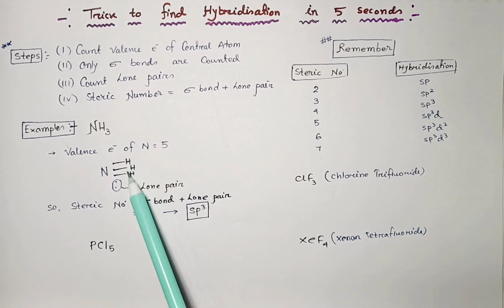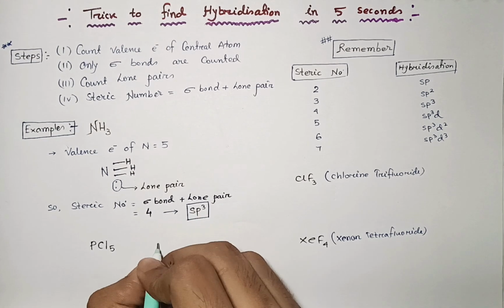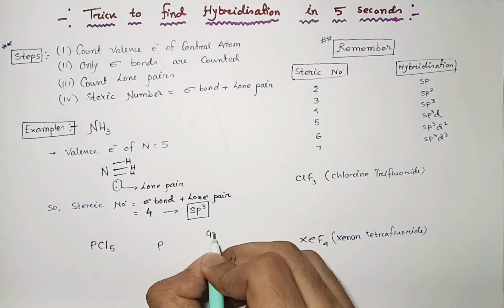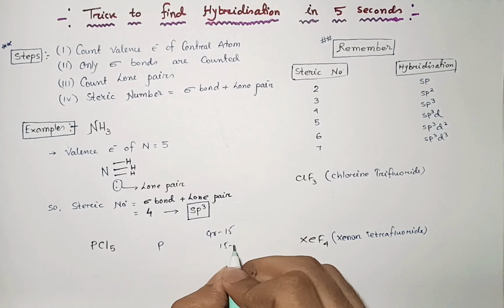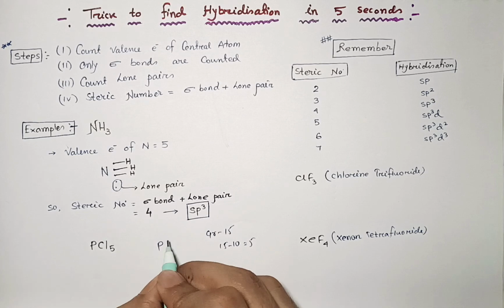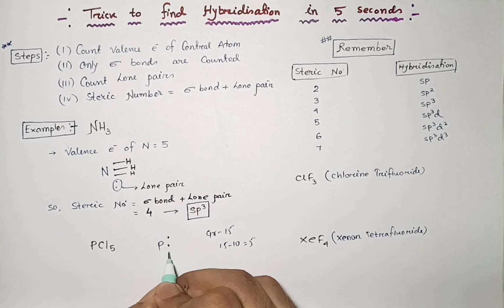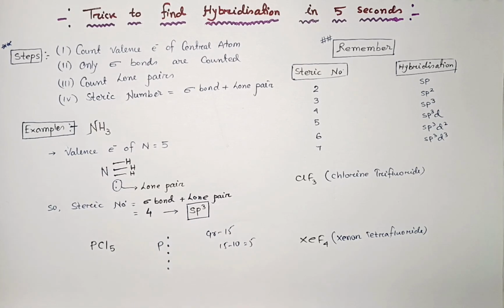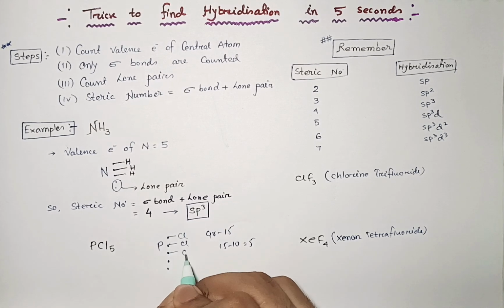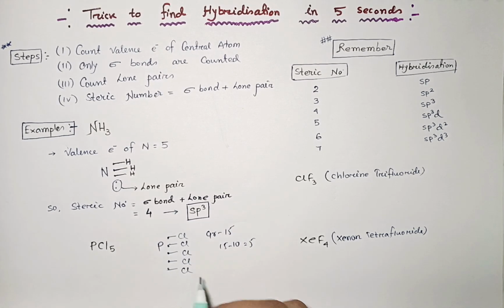Now let's see the next example, that is PCl₅, which is also called phosphorus pentachloride. We know that phosphorus has 5 valence electrons since it belongs to group number 15. So its valence electrons are 5. This is a simple formula. So phosphorus has 5 valence electrons, that is 1, 2, 3, 4, 5, and there are 5 chlorine atoms. Each chlorine atom makes a bond with each valence electron.